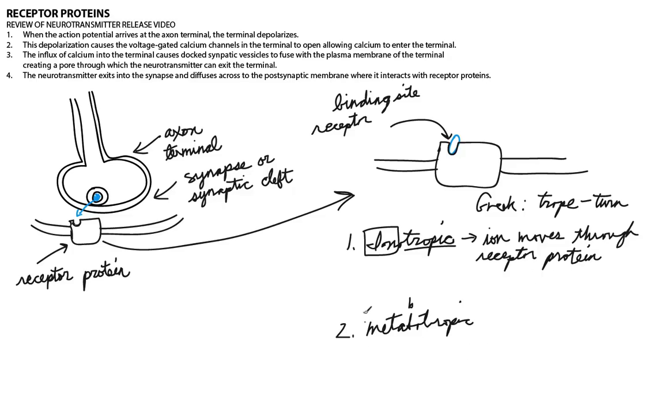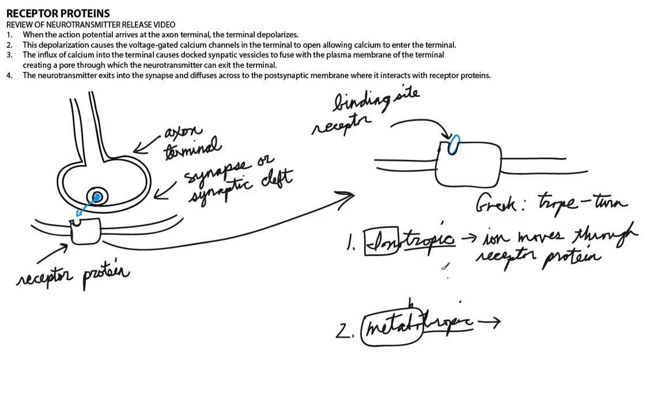Now, if we look down here at the metabotropic receptor, we can see that there's a part here, metabo, that looks a lot like the word metabolism. And again, we have the tropic for the turn. And so what we're referring to here with a metabotropic receptor is that when the neurotransmitter binds to the receptor protein, we're going to produce a change in the metabolism or the chemistry of the neuron.